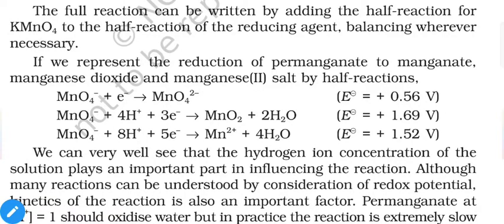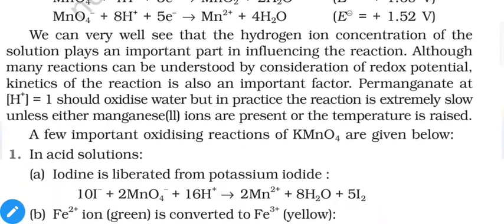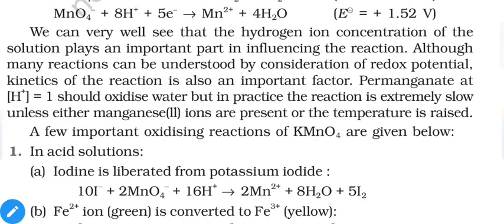So depending on the surrounding atmosphere or other reactants, it gives different types of products. We can very well see that the hydrogen ion concentration of the solution plays an important part in influencing the reaction, although many reactions can be understood by consideration of redox potential. Kinetics of the reaction is also an important factor.